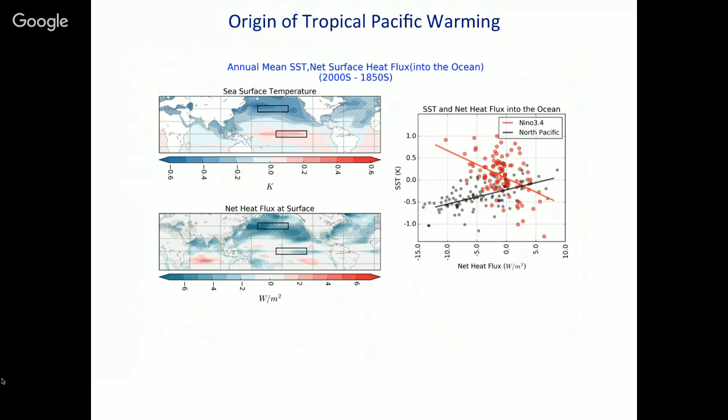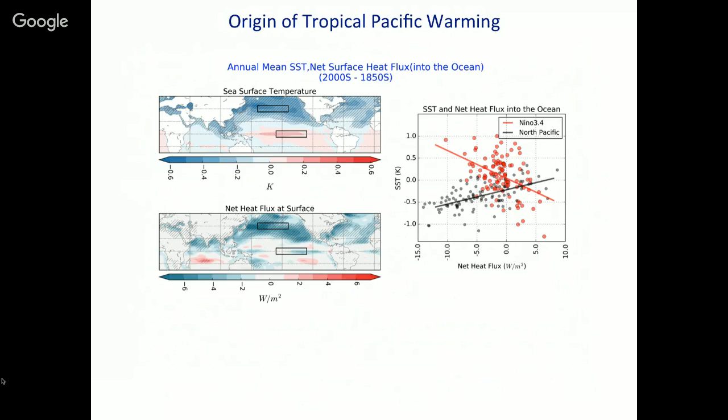In the darker color is the North Pacific response. Essentially it tells us there is a positive correlation between SST response and the net heat flux into the ocean. When you have a negative net heat flux going into the ocean, you have lower temperature. As you increase the net heat flux, the SST response also increases. But on the other hand, if you take the tropical Pacific, there is an inverse relation.